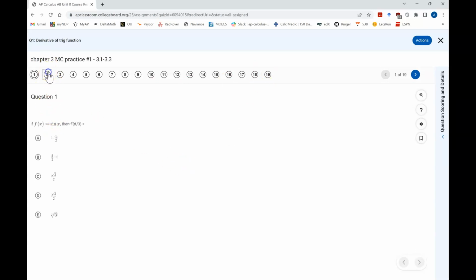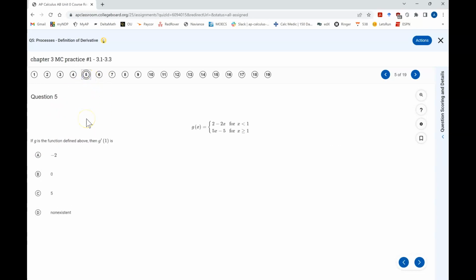This one you couldn't do yet. But this one should be doable right now. This one should be doable right now. This one should be doable right now. So it just kind of depends. You go through and you look. Some of them are doable right now, some of them aren't. But you could start on that if you were so inclined.